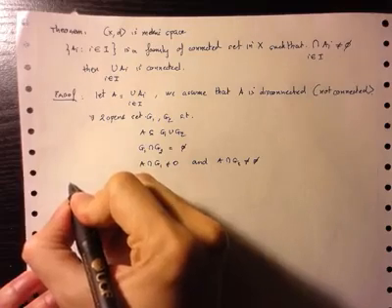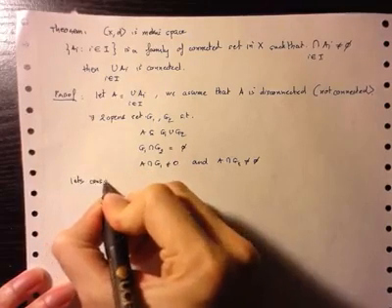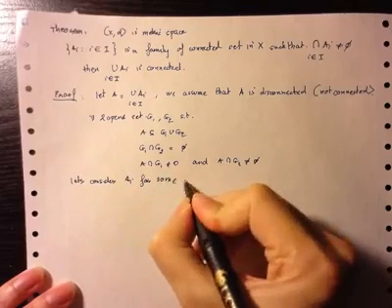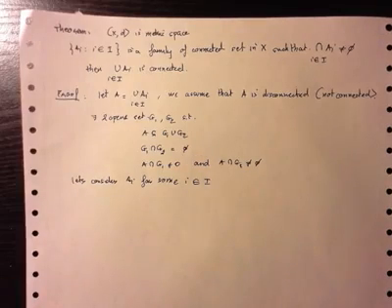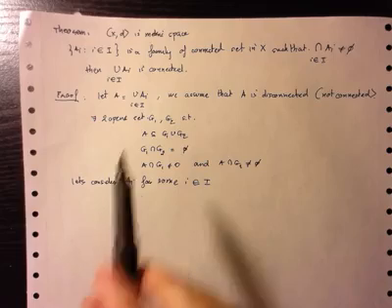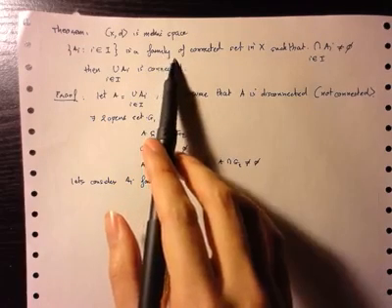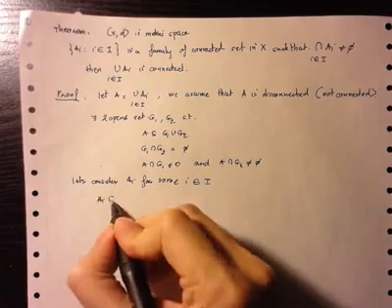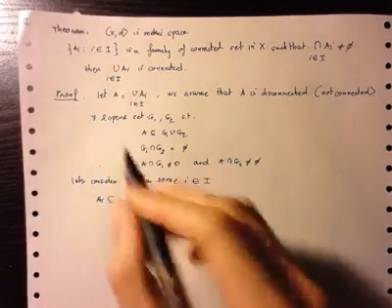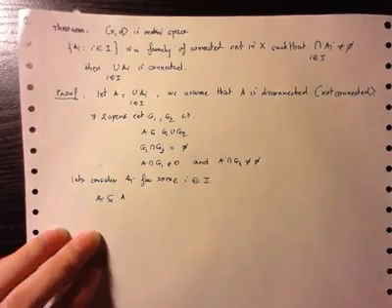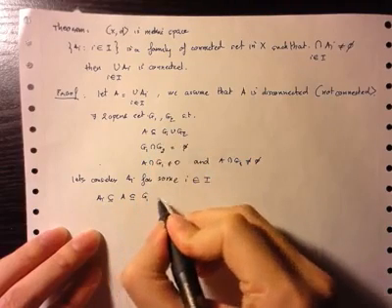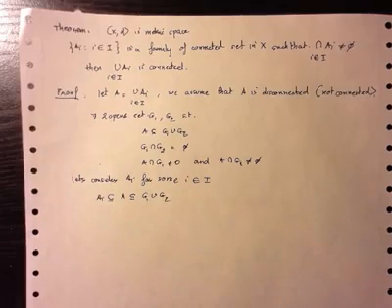So let's consider A sub i for some i belonging to capital I. Because it is a member of this family, A sub i must be contained inside A. And A is contained inside G1 union G2.